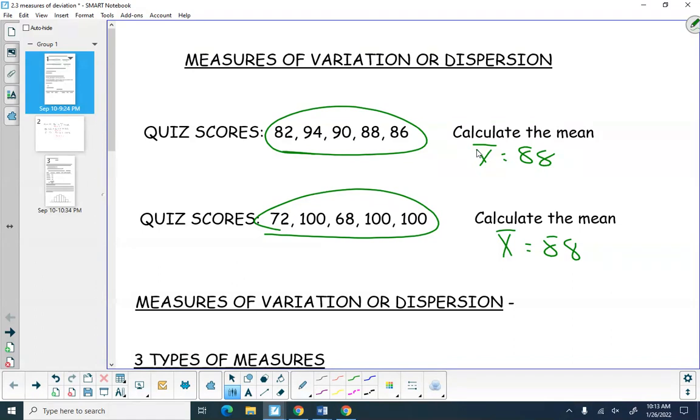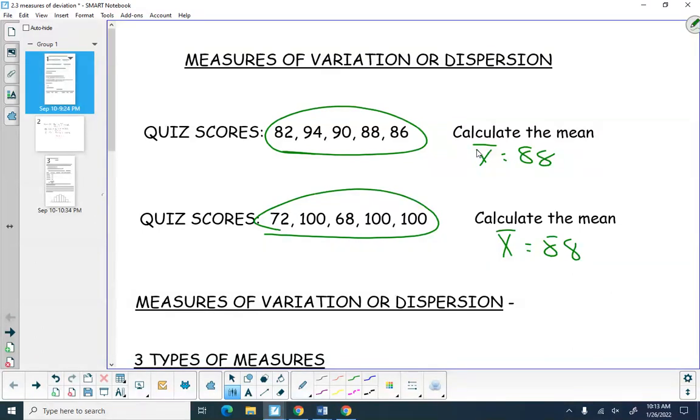If a person in a class scored an 82, 94, 90, 88, and an 86, their grade is an 88. If another person, student B, scores a 72, 168, and 2 100s, their grade comes out to the exact same 88. That is the measure of a central tendency.